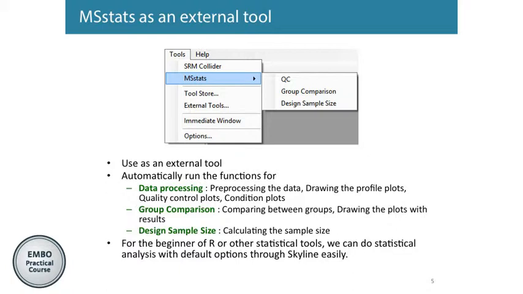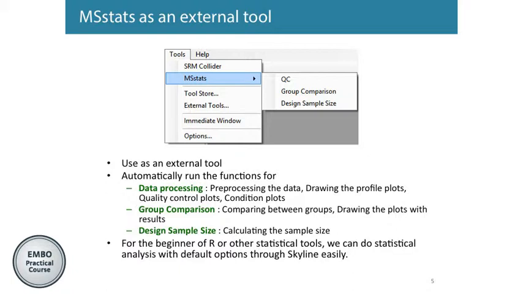So the background: in the beginning we just developed an external tool. We work really closely with the Skyline team, and there are a lot of connections. After that, we made it automatically generate the report and then use MSstats.